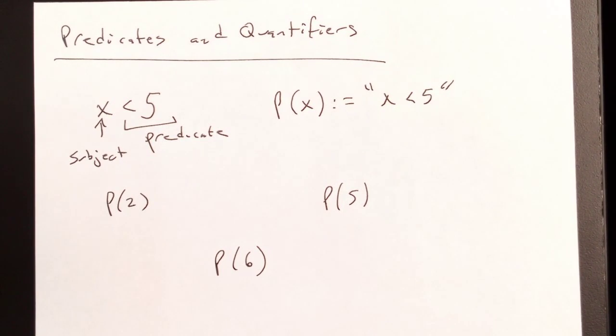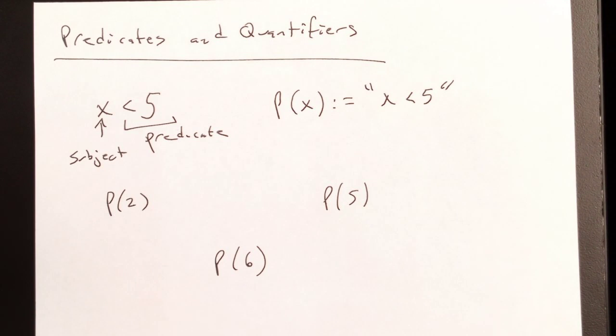You should be able to tell me which of these are true, which of these are false, and assign a truth value to each of those three now statements, actual propositions, because we have specific values for X. So, is P of 2 true or false? That's true. P of 6.